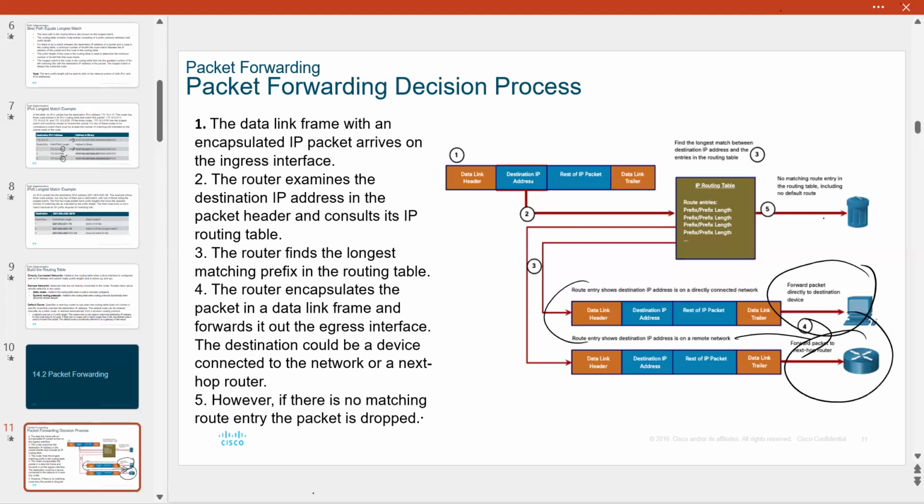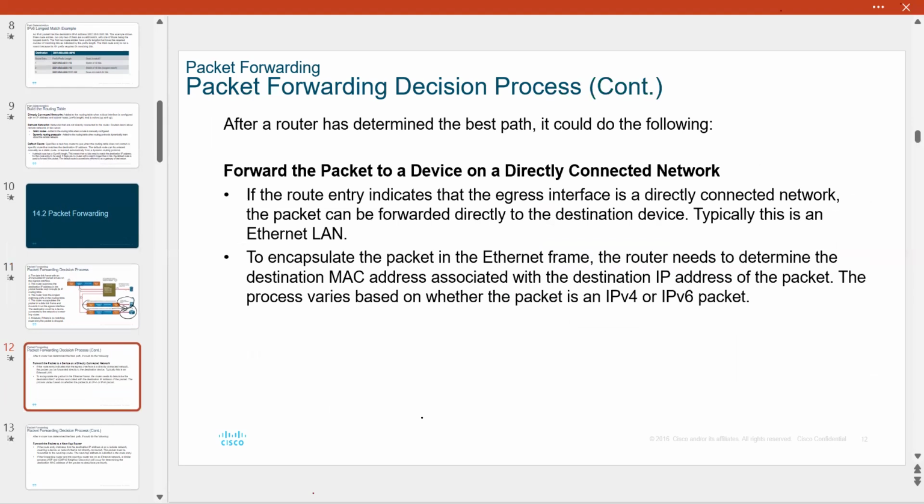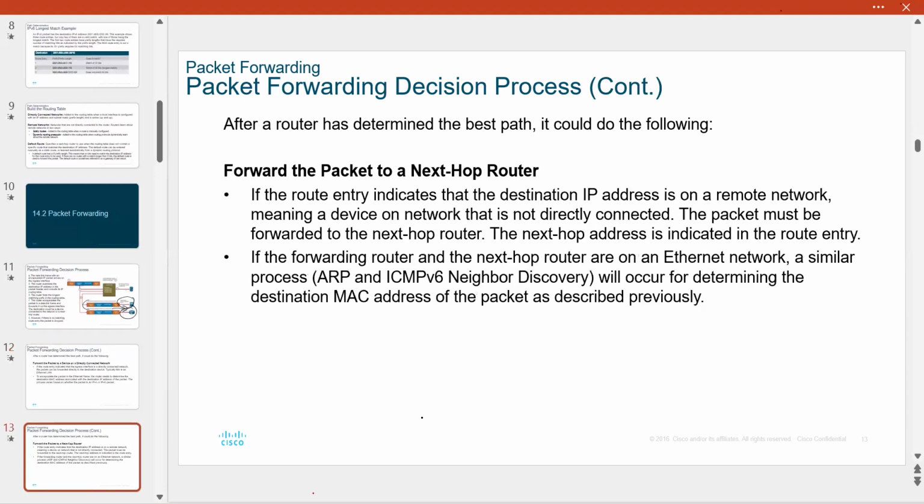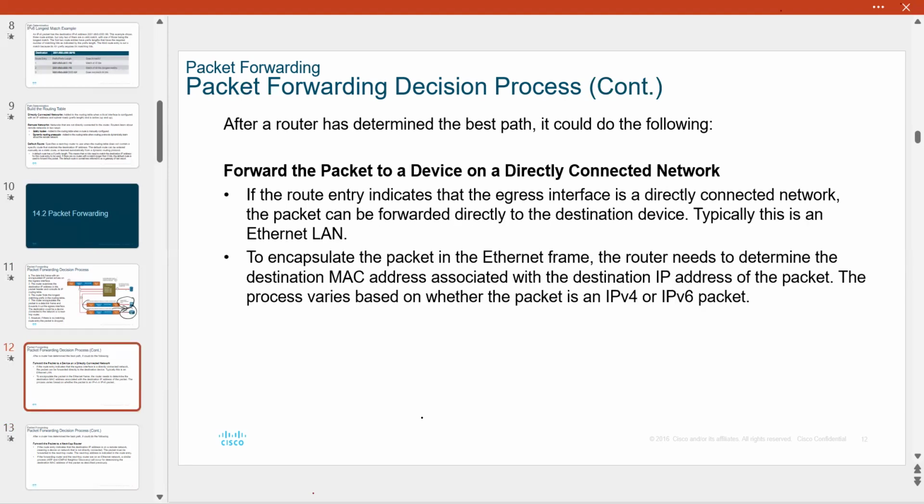The process of forwarding a packet. Right. Let's go to forward the packet to a device on a directly connected network. Right. Number 2, forward the packet on the next hop route.